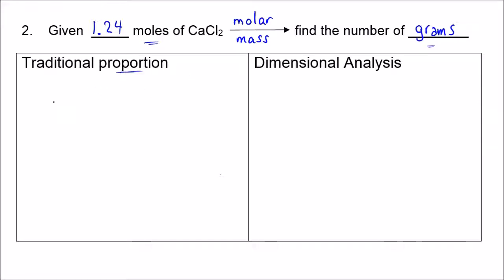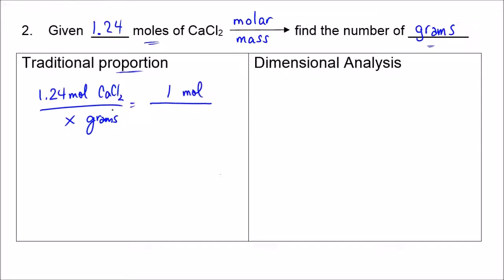All right, traditional proportion, 1.24 moles CaCl2, clearly labeled. How many grams is that? Need a defined ratio, which is the molar mass, 1 mole. So you'd add up the parts here. There's calcium and 2 chlorines.